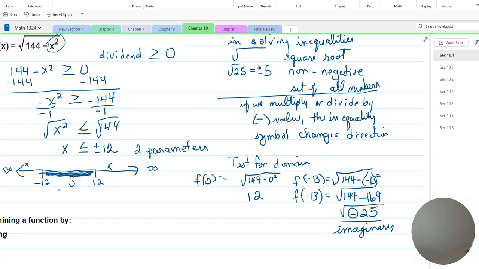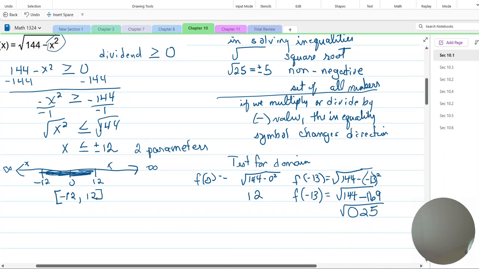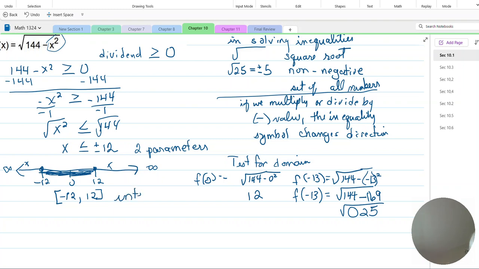So our domain is negative 12, comma 12. Now what did I write that in? We're going to talk about this structure right here, brackets around negative 12 and 12, because it can include those endpoints. This is called interval notation.